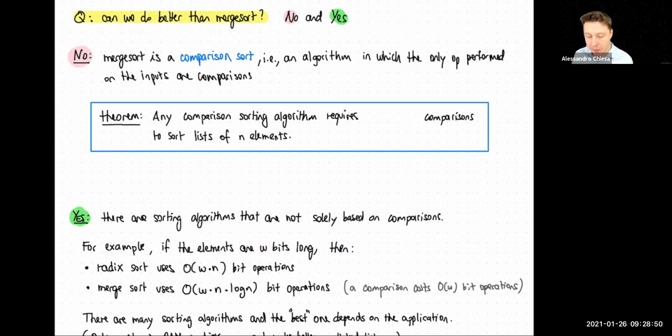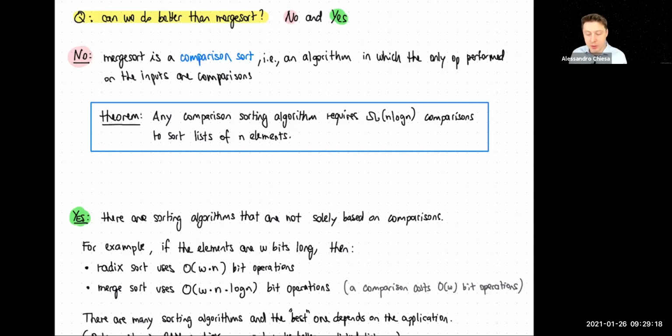And we're going to prove a theorem that says that any comparison sorting algorithm, not just merge sort, but anything that only touches the inputs by way of comparison, must require big omega of n log n comparisons to sort lists of n elements.